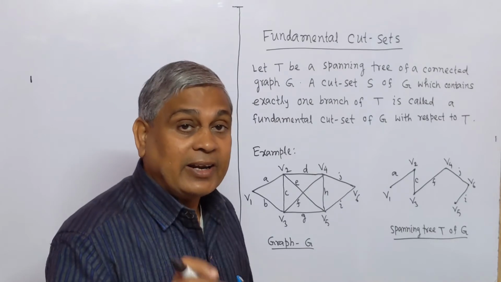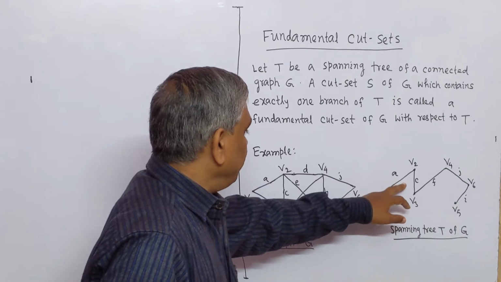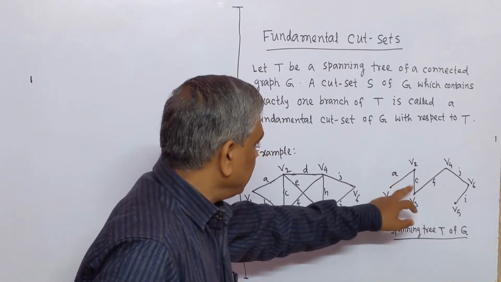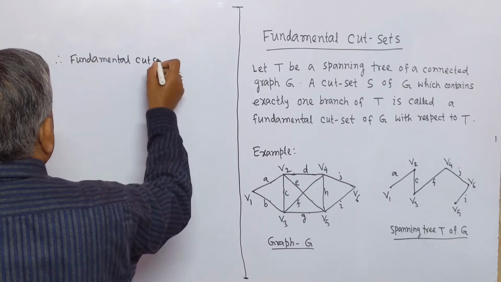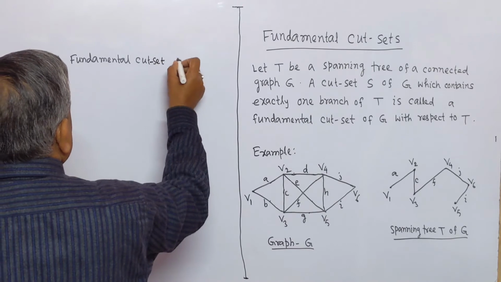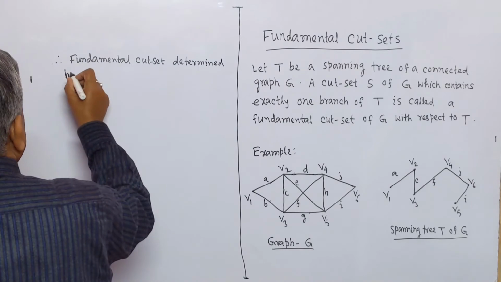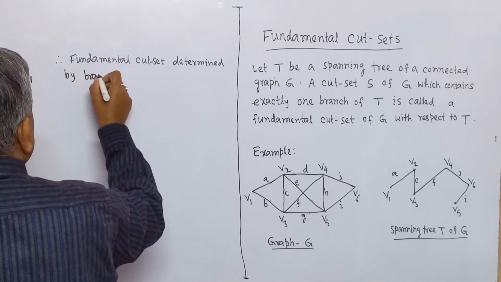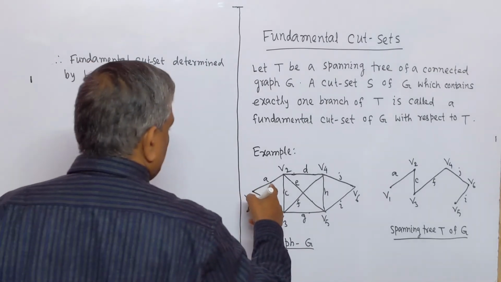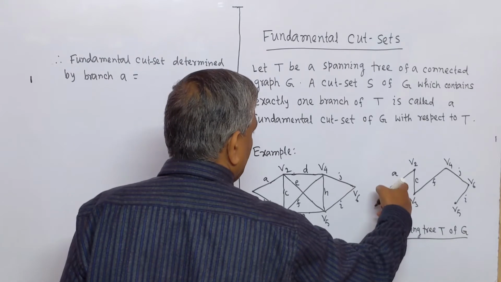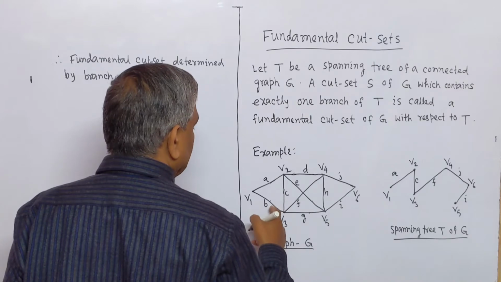Here, corresponding to each branch of the spanning tree T, we will get a fundamental cut set. Here we see that A is a branch of the spanning tree T. Therefore, the fundamental cut set determined by branch A. Here A is the branch of the spanning tree T and B is not a branch, B is a chord.